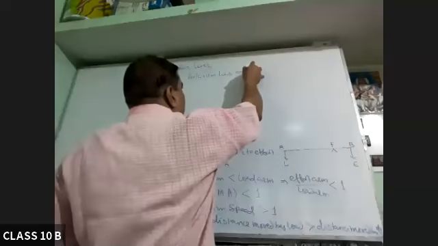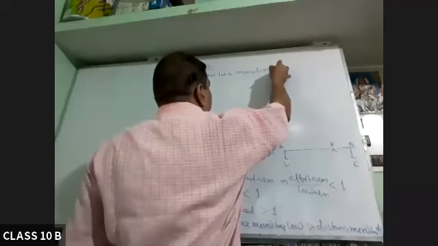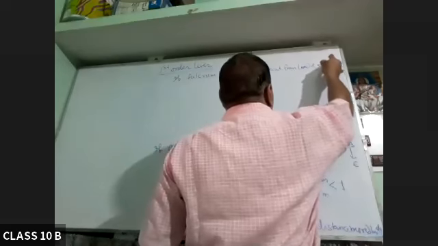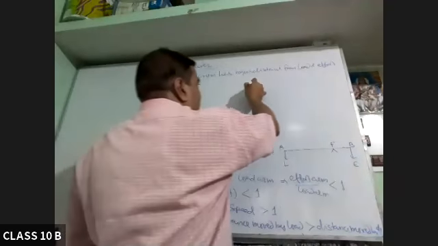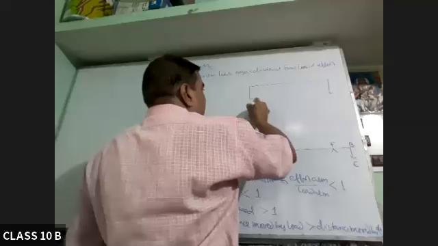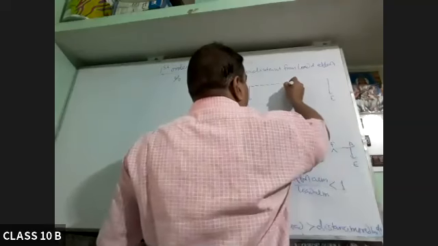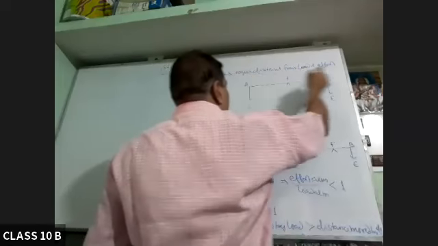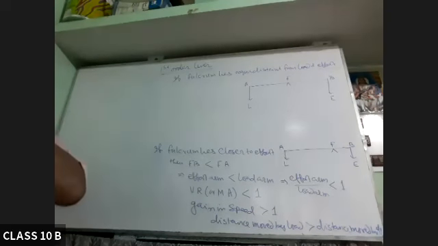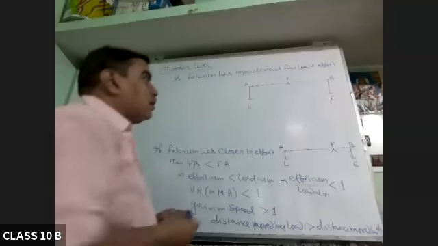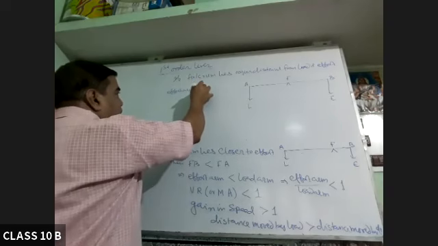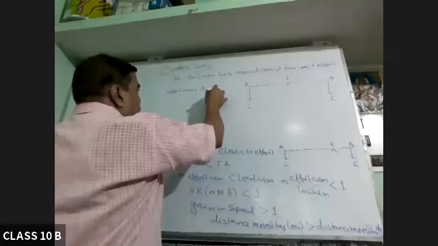So if the fulcrum lies equidistant from load and effort, in this case the effort on FB will be equal to the load on FA.